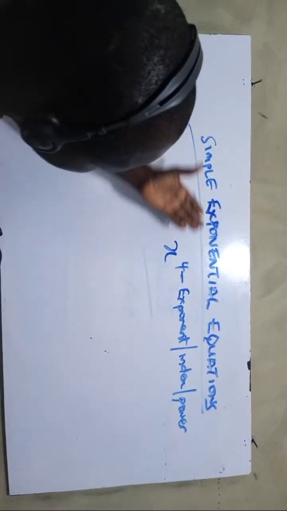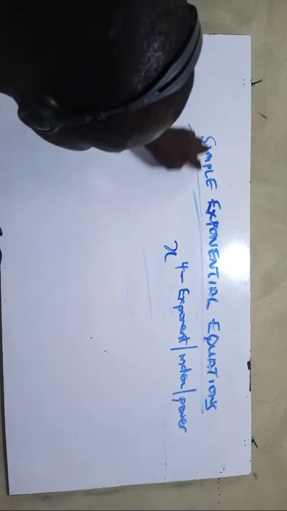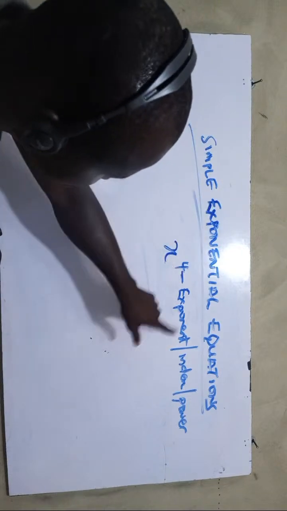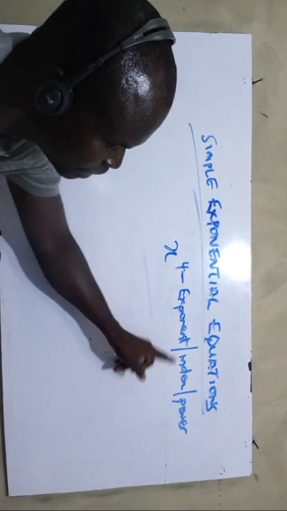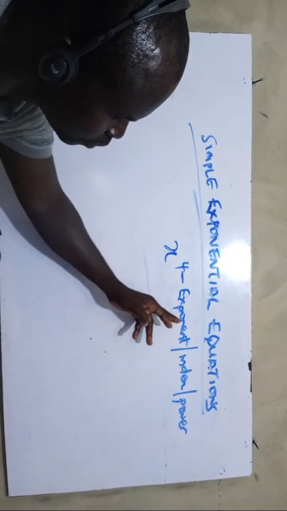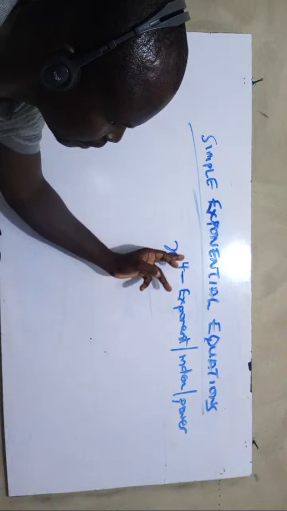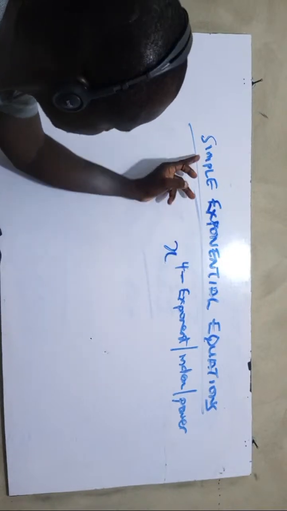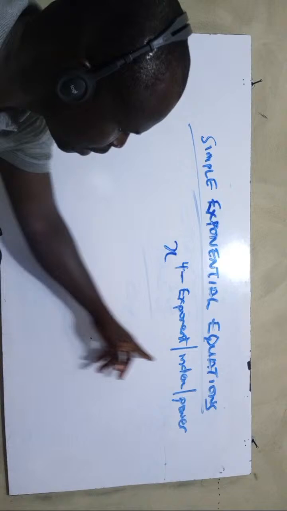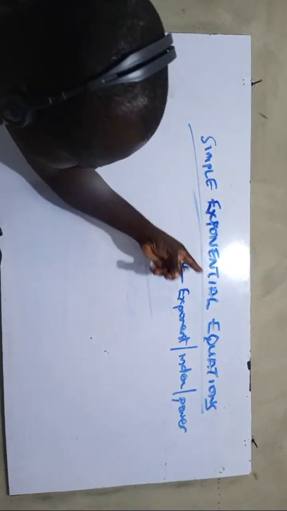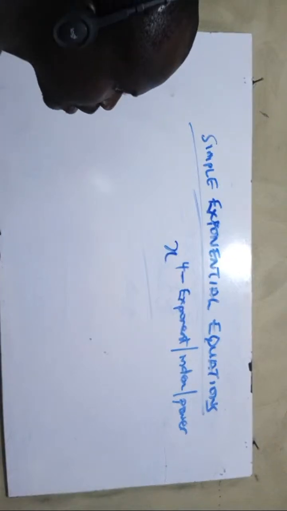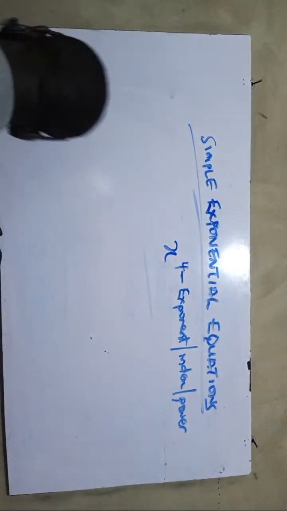Simple exponential. If I don't want to call it exponential equation, I can call it indicial equations, because this is just a system of naming ceremony. If you want to refer to exponents, then we can call it simple exponential equations. If I want to refer to 4 as index, then I can call this simple indicial equations. You understand?